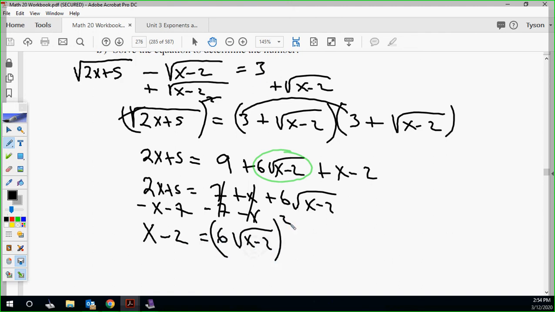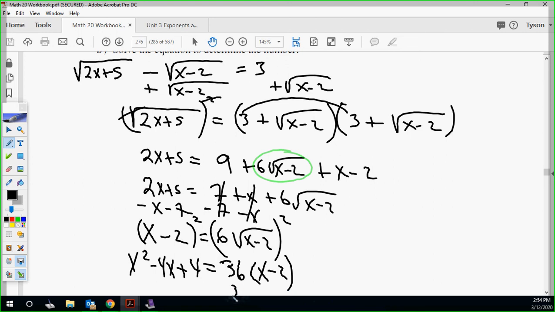So now we're going to square both sides again. X minus 2, we should be pretty comfortable squaring that out. X squared minus 4x plus 4. Square the second piece, 36 times x minus 2. And now we have to get everything to one side and solve by factoring.